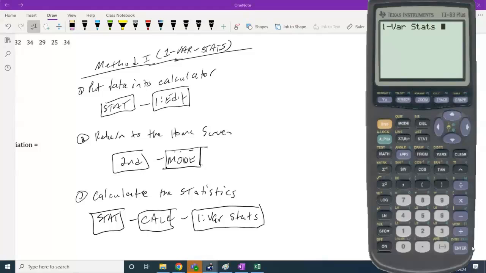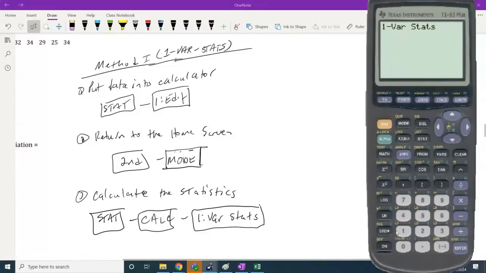You have to, from this point, tell the calculator which list you want to calculate the one variable statistics from. If you have a TI-84, your screen may look a little different from this. Is everybody seeing this when you hit one variable statistics? Okay. So now I'm going to have to put in list one, because remember we put this data set in list one.